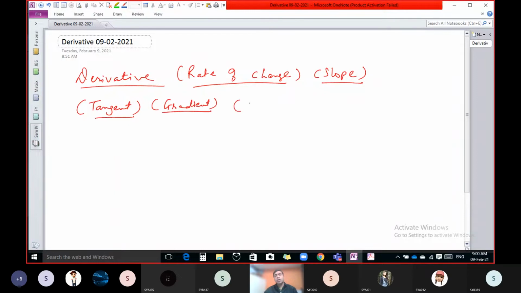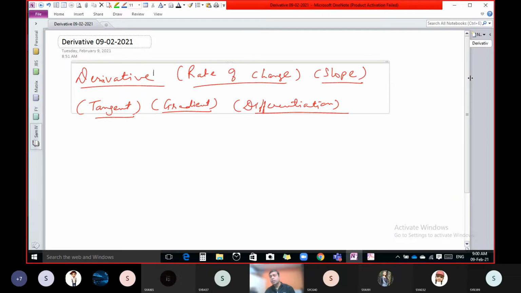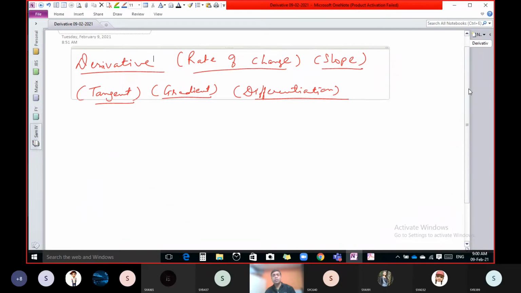It is also known as differentiation. Actually, differentiation is the process to find out derivative. Derivative means rate of change. Maybe you are familiar with this particular word derivative up to a certain extent.